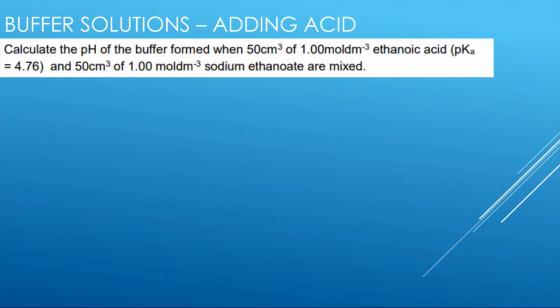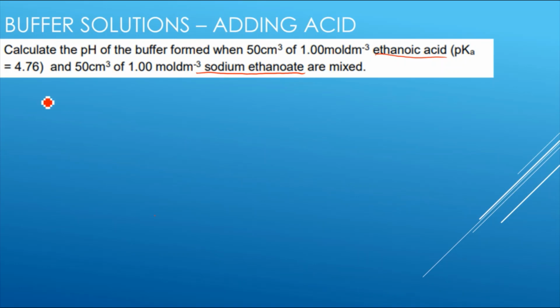We've been asked to calculate the pH of a buffer which is formed when we add ethanoic acid to sodium ethanoate. We've been given the pKa value. Now for these types of questions we need three things to be able to calculate the concentration of hydrogen ions. From then we can calculate the pH.